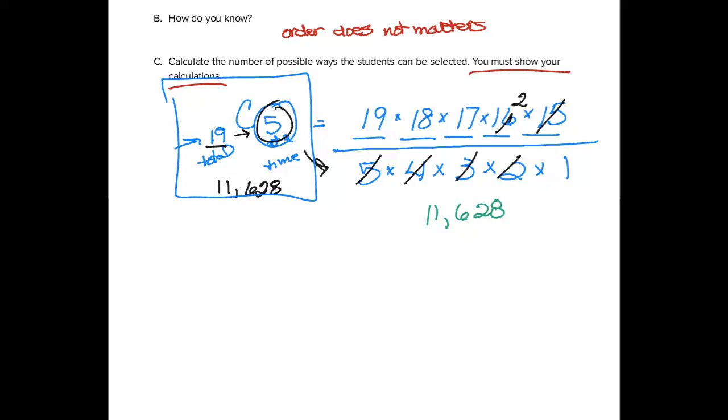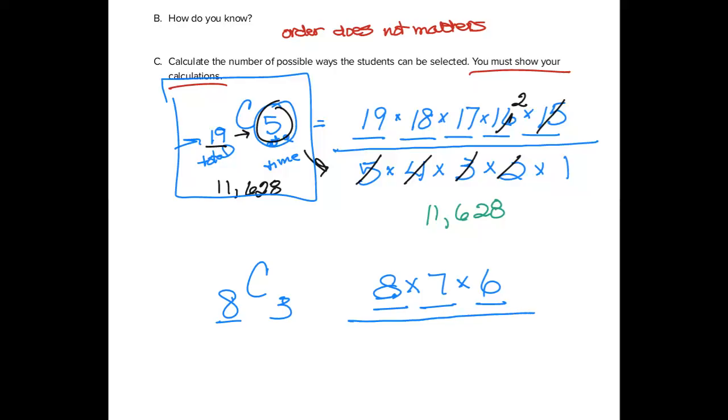I can show you another quick one. If we were to take, let's say, 8 combination of 3, how to write that out? You start with 8 and you do 3 spots. 8 times 7 times 6, okay? All divided by, if we just left that, this would be 8 permutation 3.